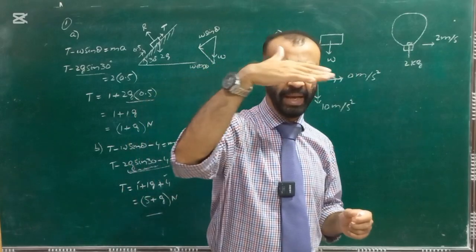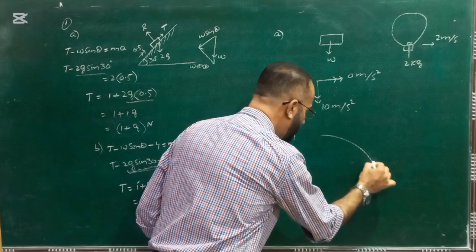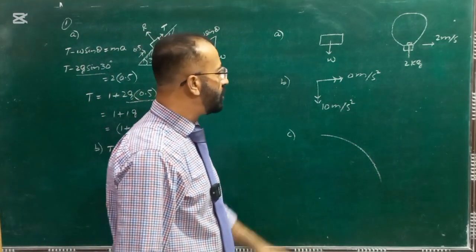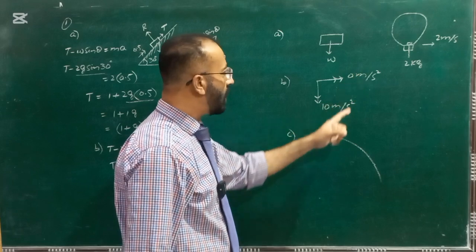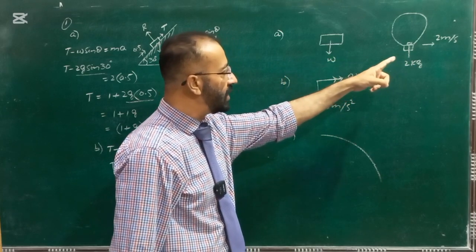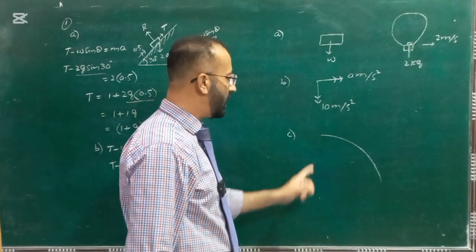It will move like this. So this is a sketch of the motion when the block is dropped from the balloon that is moving with constant velocity, that is 2 meters per second. This will be the projectile motion of the object.